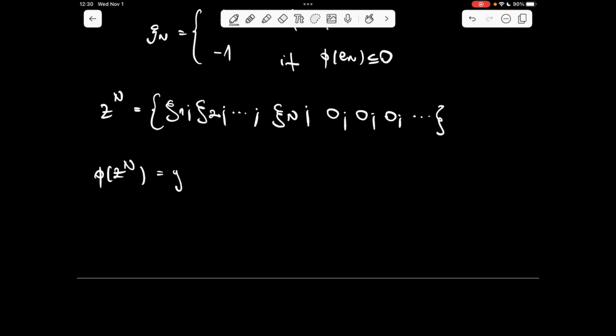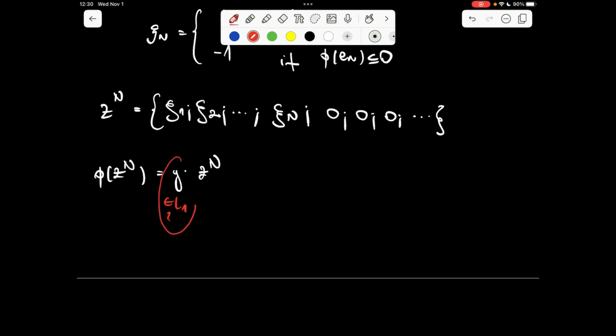Okay, we have this inner product representation, and we need to check if this sequence lies in L1.